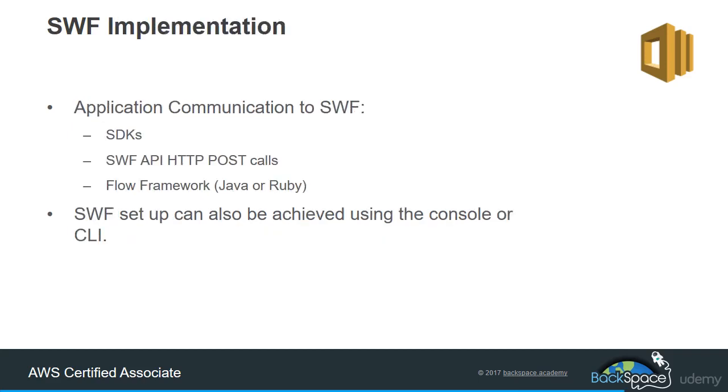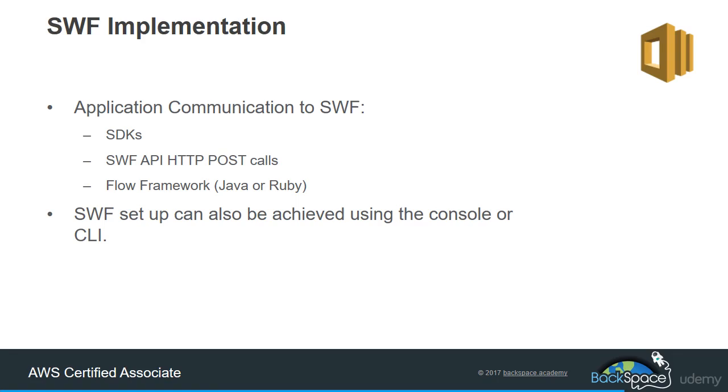SWF is implemented by having communication between the SWF service and our applications. Our applications can communicate to SWF through the software development kits that are available for a number of languages, through the SWF API, and that allows us to do HTTP post calls to the API.